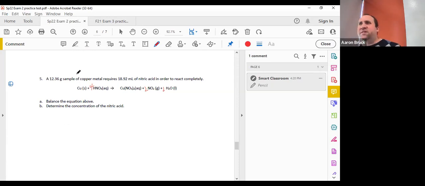So this is kind of the opposite of the case of what we saw in lecture. In lecture, we were using molarity to get us to moles, and then we did the stoichiometry to figure out the rest. Here, it's the opposite. We're going to use stoichiometry to figure out the number of moles of nitric acid, and then divide it by the volume to get the molarity.